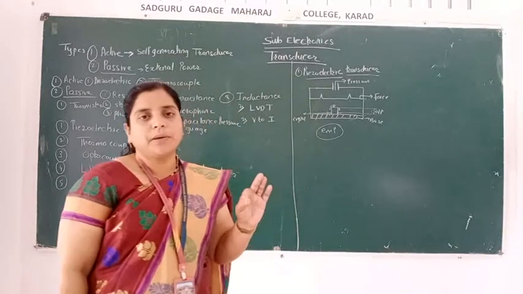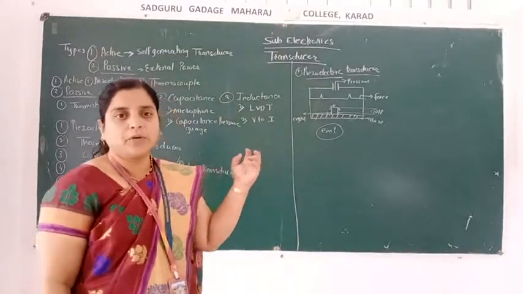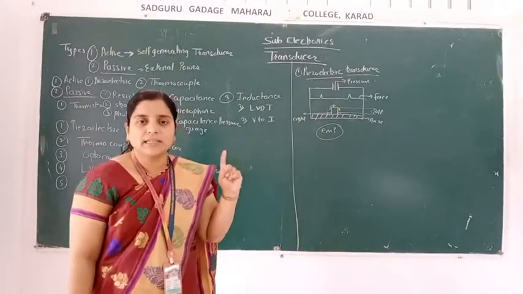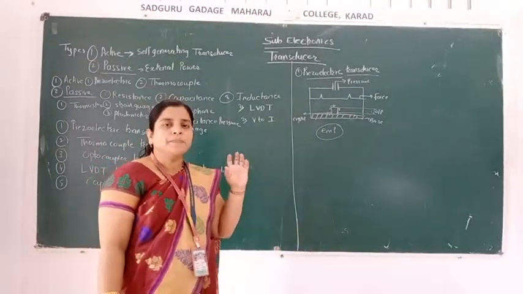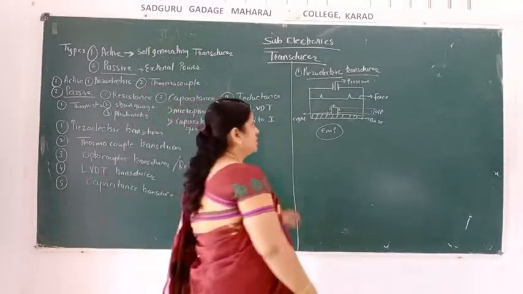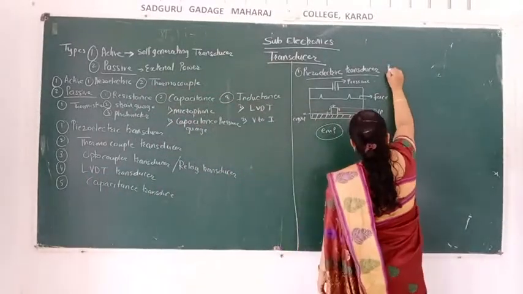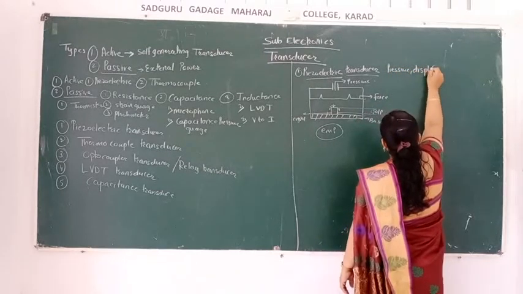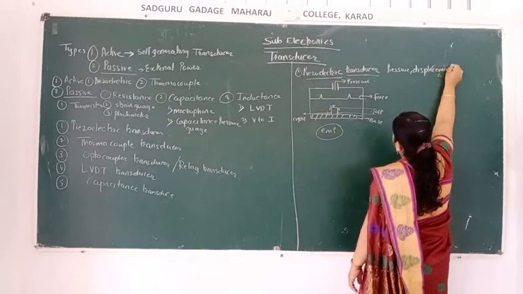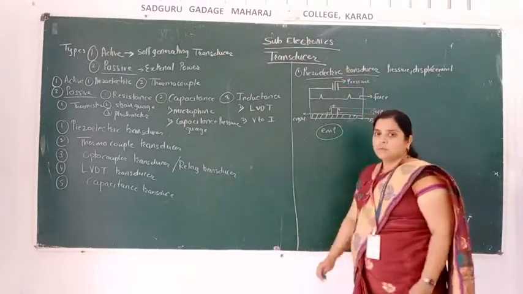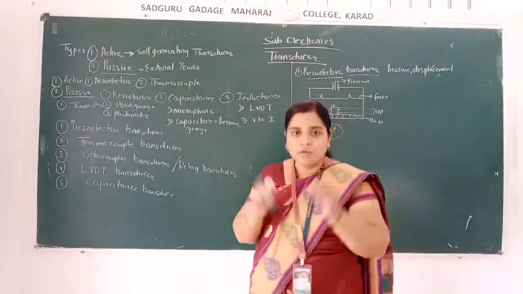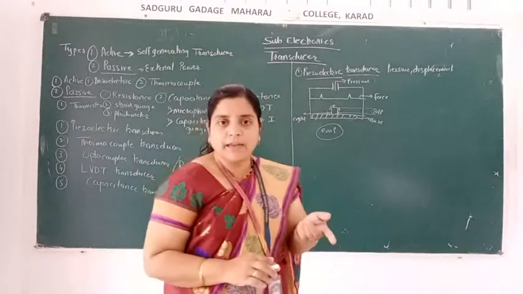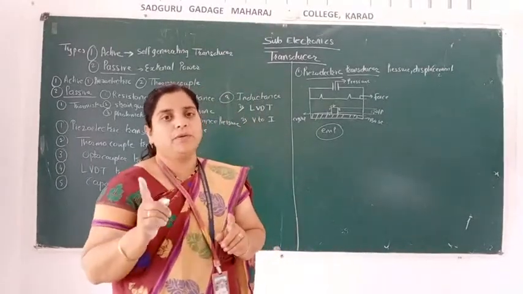Which things you have to remember? Only those important points I am going to remind you here with the help of these diagrams. The piezoelectric transducer is used to measure pressure and displacement. When pressure and force are applied on the crystal, it produces EMF, and because of the EMF, current will flow in the circuit.